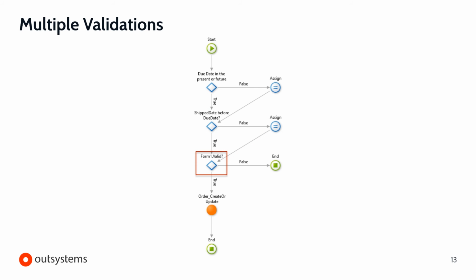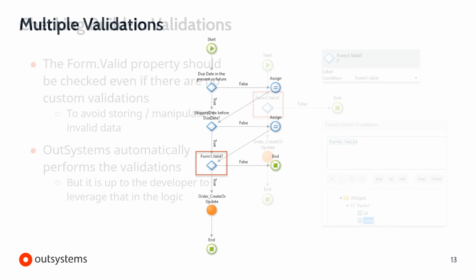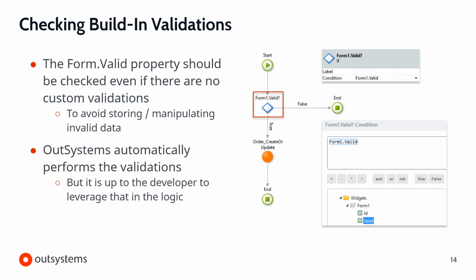This way, we make sure that regardless of the path followed, if the form is not valid due to one or more input fields not being valid, the flow ends. If it is valid, the data can be safely used in our logic. Also, this guarantees that if multiple validations fail, the user will see all of the inputs that are invalid at once.